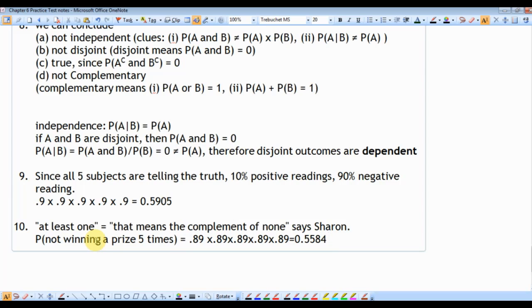Do you care if we just write 0.89 to the fifth power? Not at all. You can do that, absolutely. Thank you, because I'm lazy. I'm only doing this because the calculator or the computer doesn't know powers.